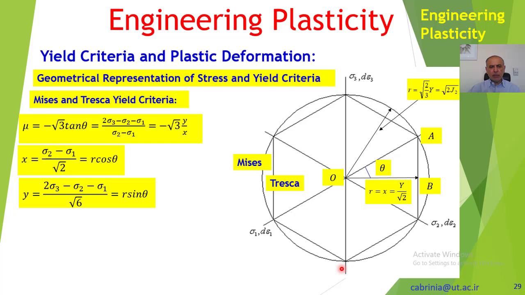We said that any stress vectors or stress values in the three-dimensional space, if we project them into the pi plane, we should multiply by a scale factor of root 2 over 3. R is equal to root 2 over 3 times y.